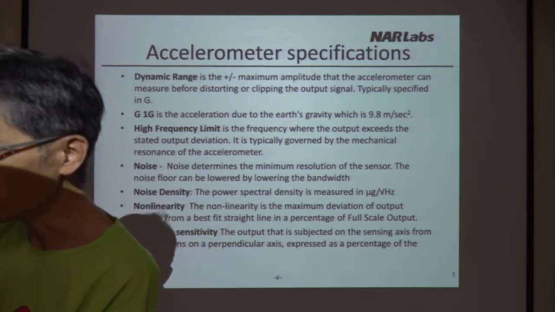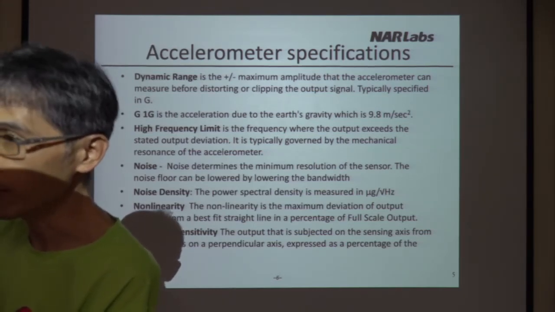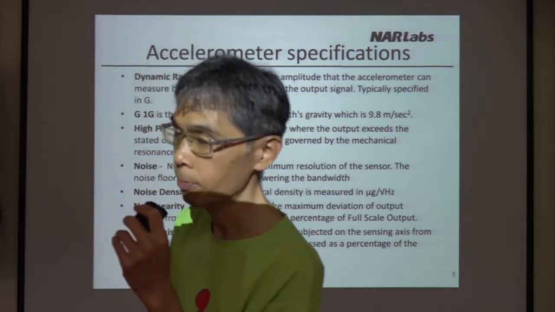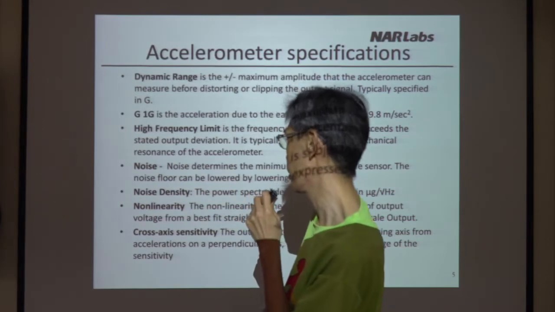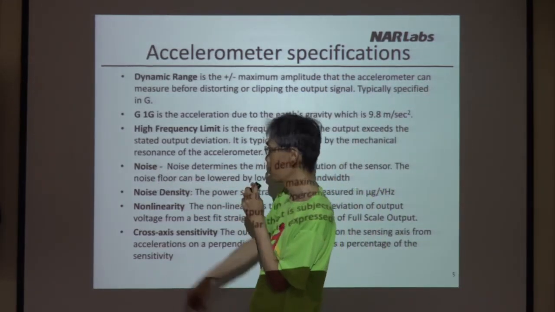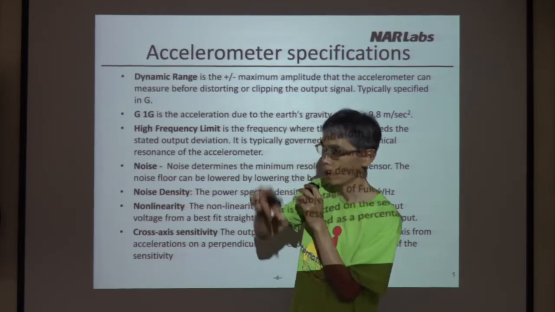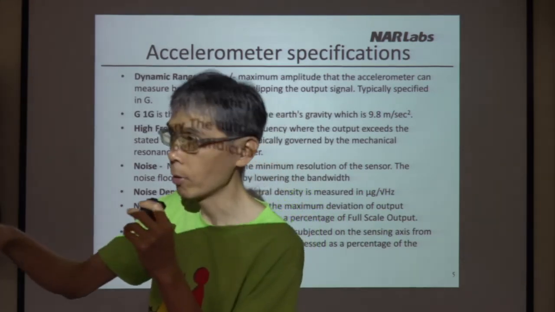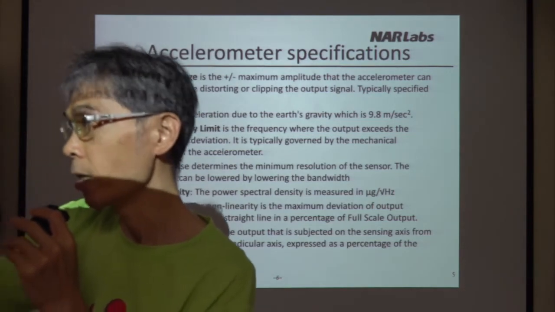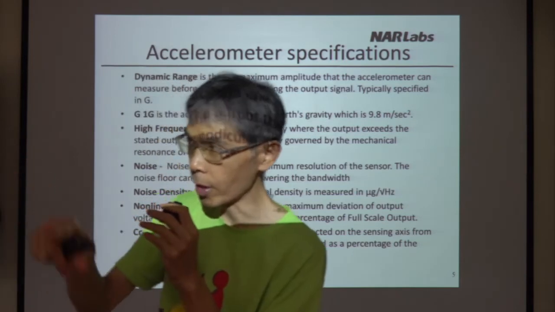SNR, signal to noise ratio, is the basic parameter for any sensor. So you need to estimate the noise when you design an accelerometer. We use spectral noise, because in the spectral distribution, the y coordinate is the power of the magnitude, and the x coordinate is the frequency. So noise is related to frequency.